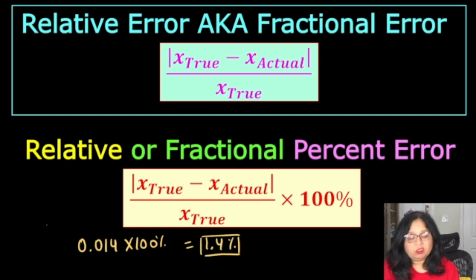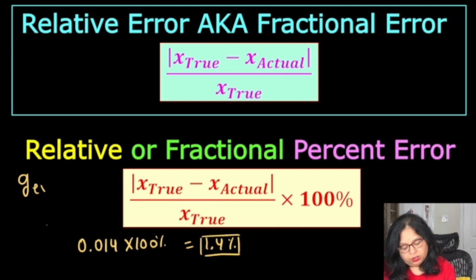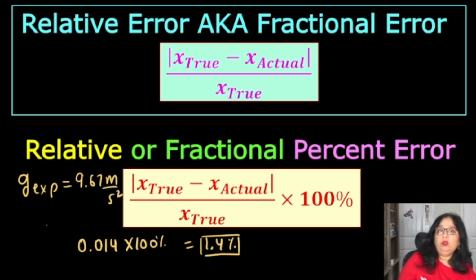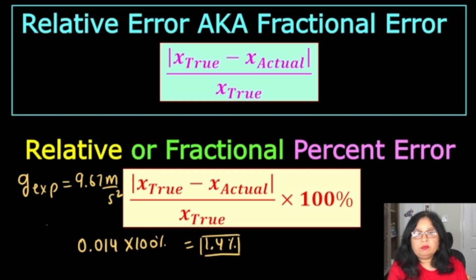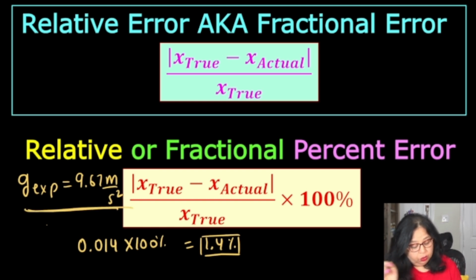So when you did this experiment to find the value of G and got the value of G to be 9.67 meters per second squared, and you're asked to find the relative or the fractional percent error in this experiment, your answer will be 1.4%.